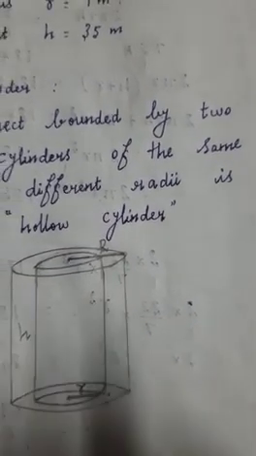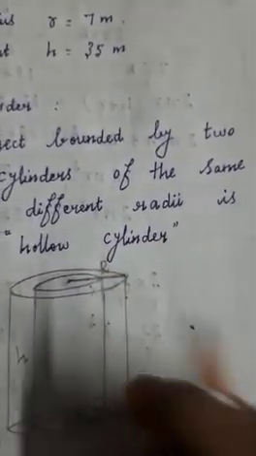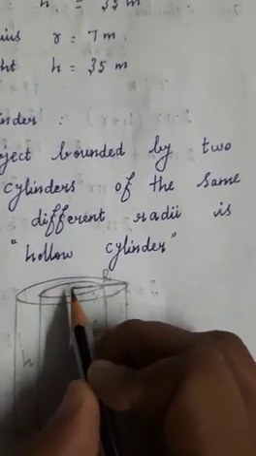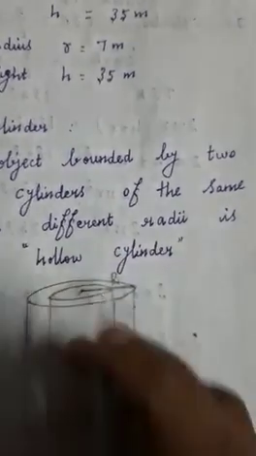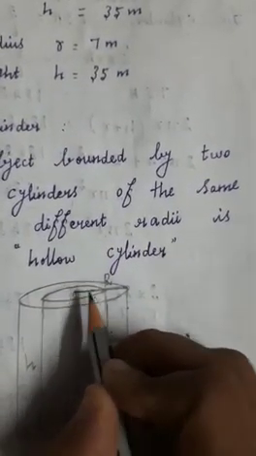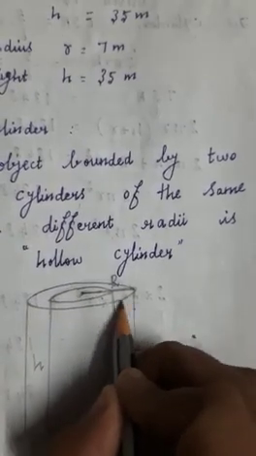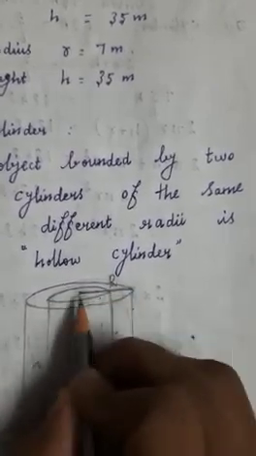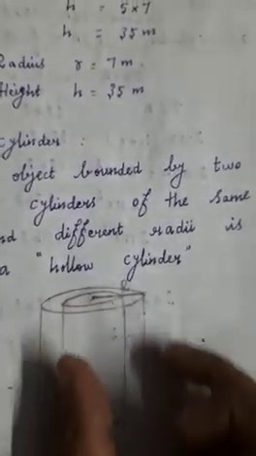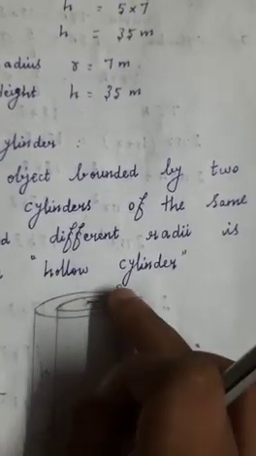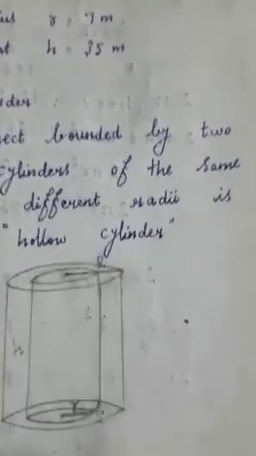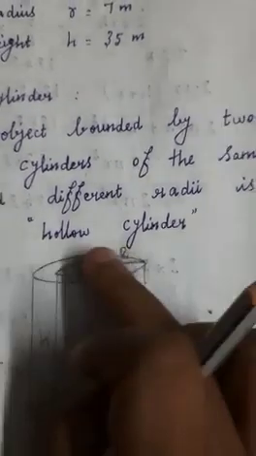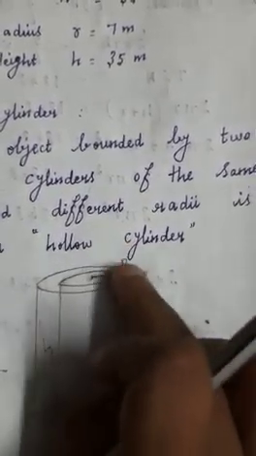Now the outer cylinder, whose top and bottom are also circular regions. From the center to this boundary of the bigger circle is the outer radius, because we are considering the outer cylinder. The outer radius is capital R, and the inner radius is small r.